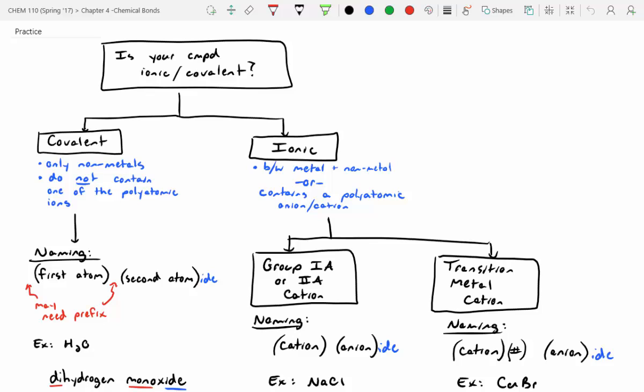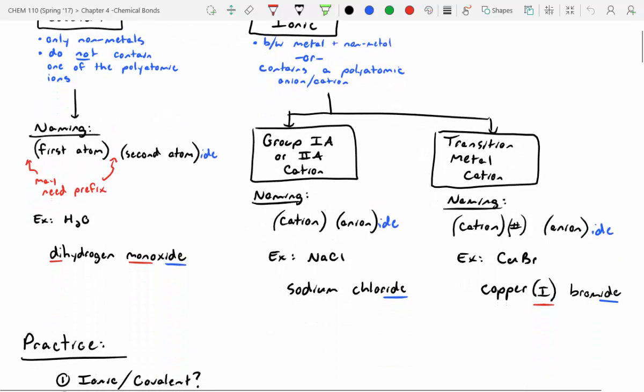And then we said if it's a covalent compound, we typically have our first atom followed by our second atom with an IDE suffix, and we need to include prefixes with the exception of mono for the first atom. If it's ionic, that means we've got a metal in there or a polyatomic anion or cation. And then we've got the two naming systems depending on whether or not we have a transition metal or just a plain old metal. And we had some examples here as well.